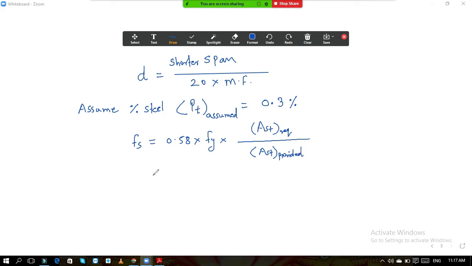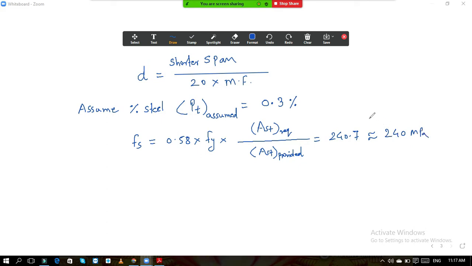Okay, so how much does this work out to? 0.58 into 415, this is 240.7, which is nearly equal to 240 Newton per mm square.